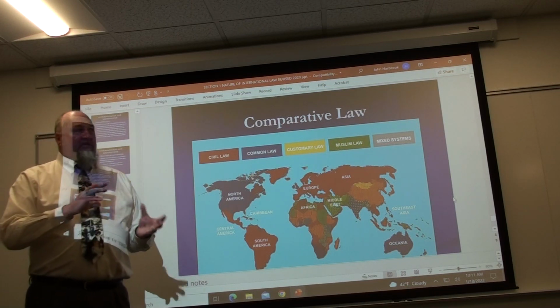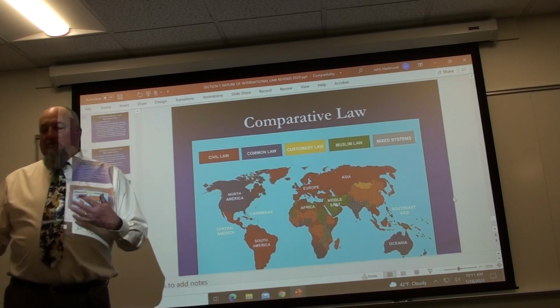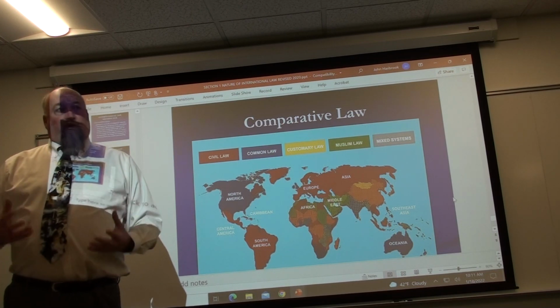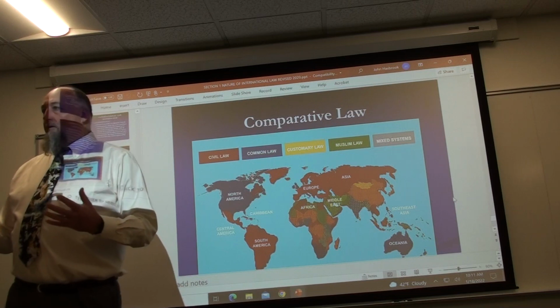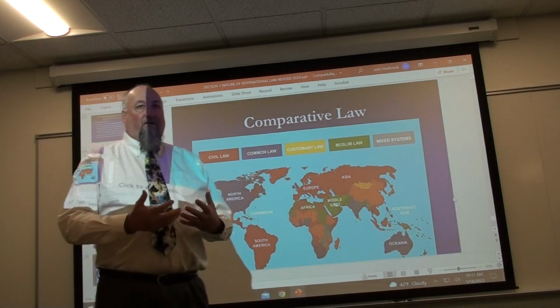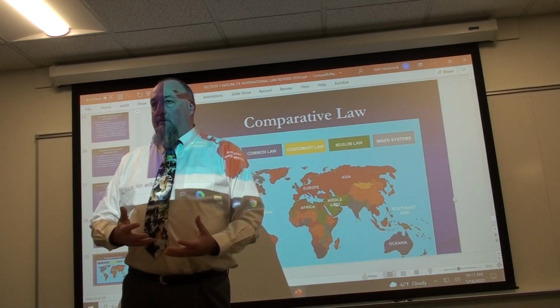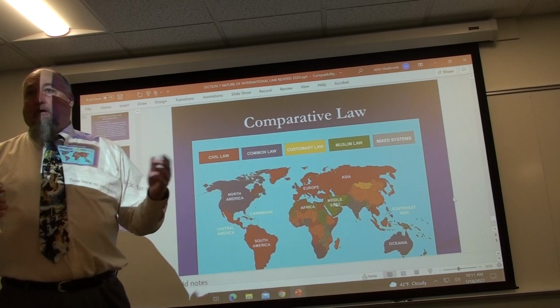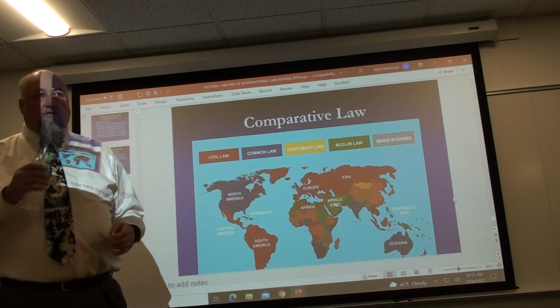English common law was based primarily on the concept of general principles and rules that were not very detailed. So a general rule of law, and then they would be applied by a court in a given circumstance. So I'll give you an example of a common law rule that we still use here in the United States all the time.